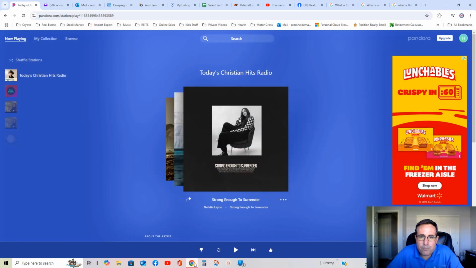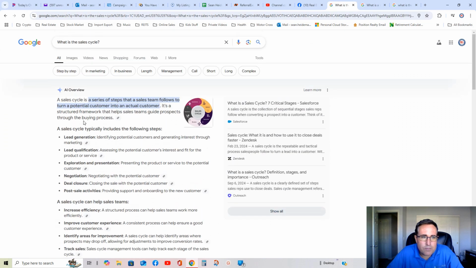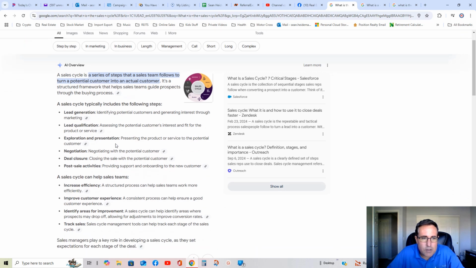So first of all, what is the sales cycle? So I searched in Google here and it kind of gave us an explanation. A sales cycle is a series of steps that a sales team follows to turn a potential customer into an actual customer. It's a structured framework that helps sales teams guide prospects through the buying process.